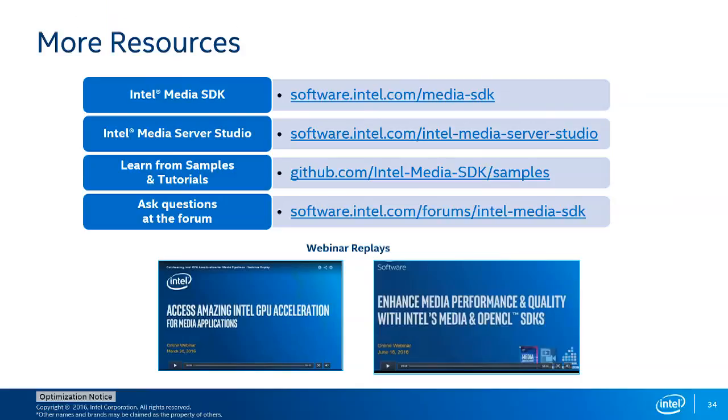There's a question asked, could you elaborate a bit on Linux support? Sure. The pathway to use the hardware acceleration in Linux is Media Server Studio, and that covers Skylake and Broadwell. So 5th and 6th generation Core, or Xeon V5 and V4.